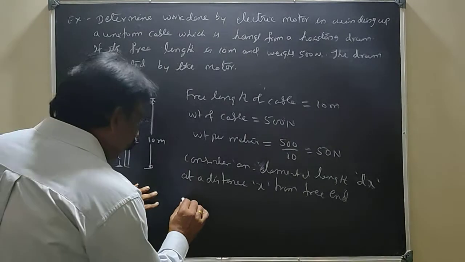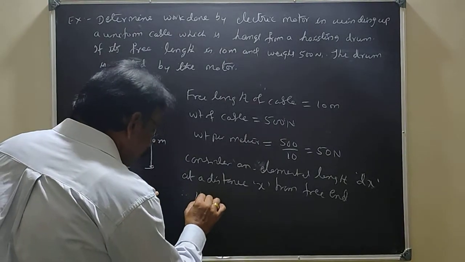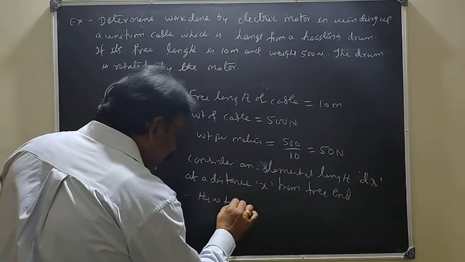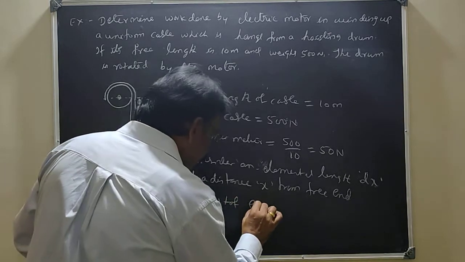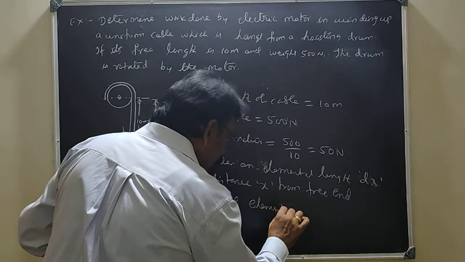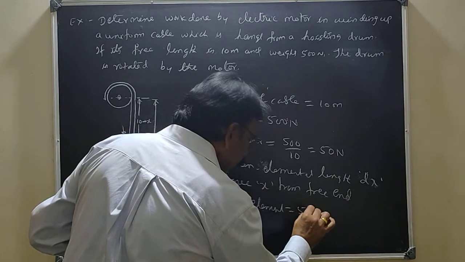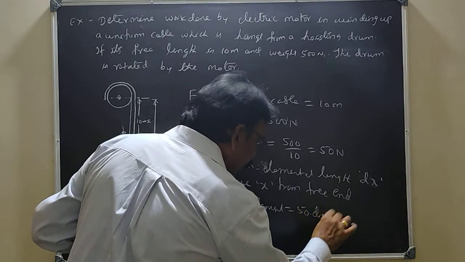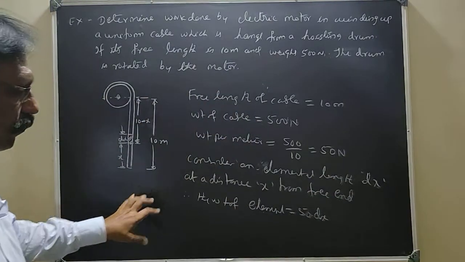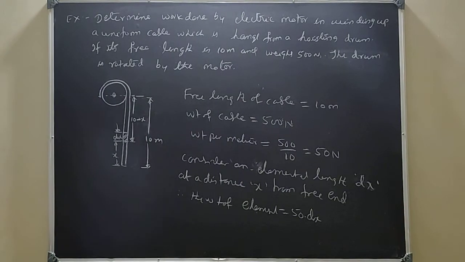Therefore, the weight of the element is equal to 50 into dx, because per meter length it is 50. For this length, how much is it? 50 into dx.